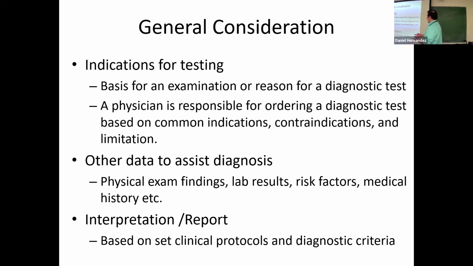Other data to assist in making that diagnosis is going to be the physical exam. That's why we get practice doing a physical exam, looking at the patient, assessing their legs, looking for wounds, discoloration, certain features that might indicate potential arterial disease or venous disease.